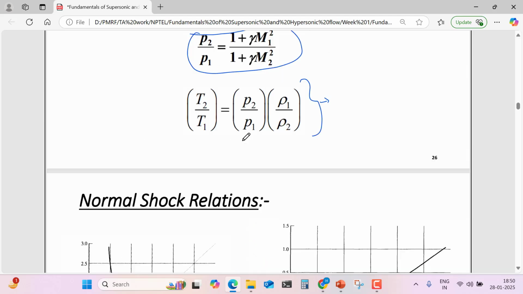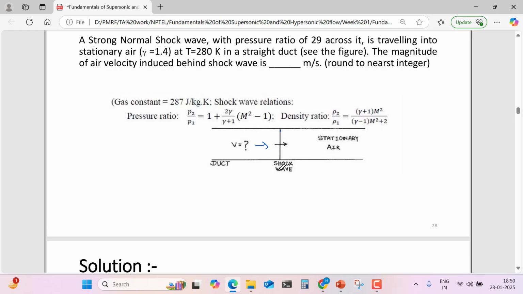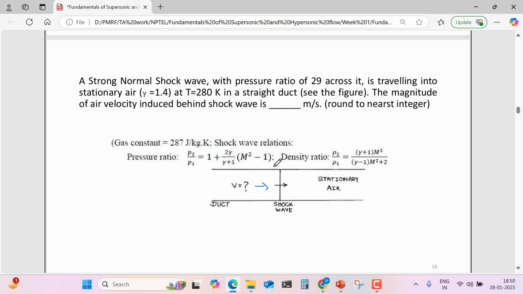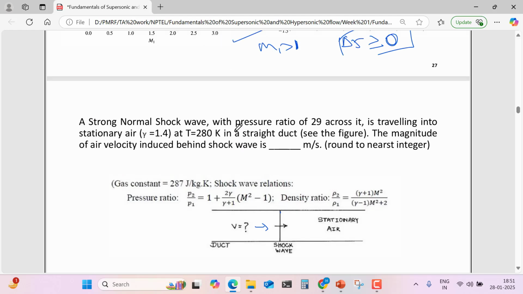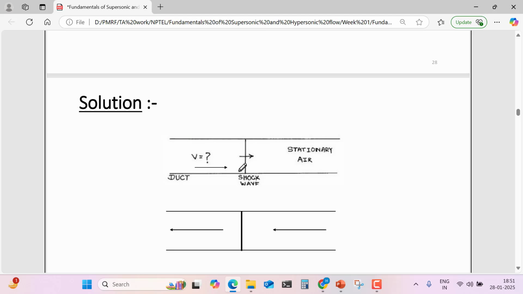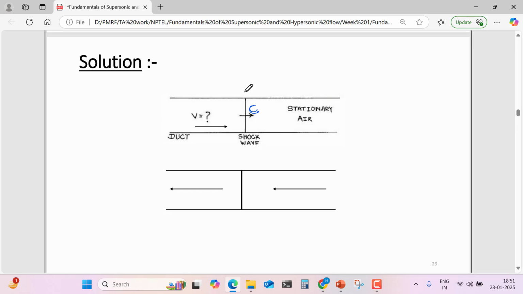We have seen only the stationary shock, but this problem is related to a moving shock. So to solve this problem, we take the reference such that the shock becomes stationary. Let's say the shock velocity is c, and this velocity is v.